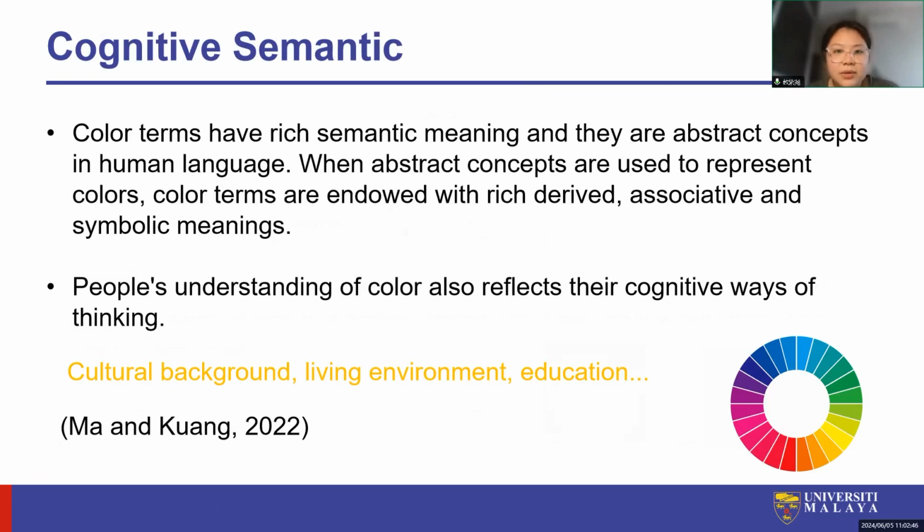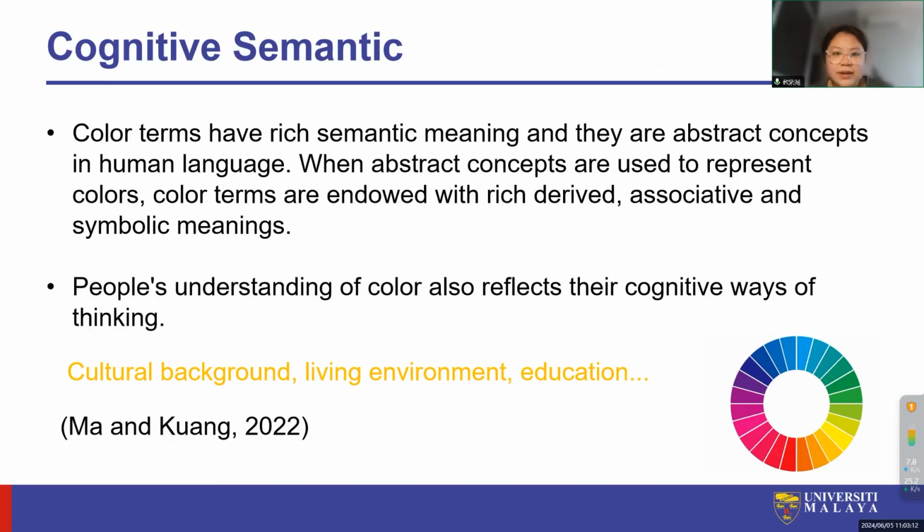Combined with color words, it means that color terms have rich semantic meaning and they have abstract concepts in human language. When abstract concepts are used to represent colors, color terms are endowed with rich derived, associative, and symbolic meanings. People's understanding of color also reflects their cognitive ways of thinking.